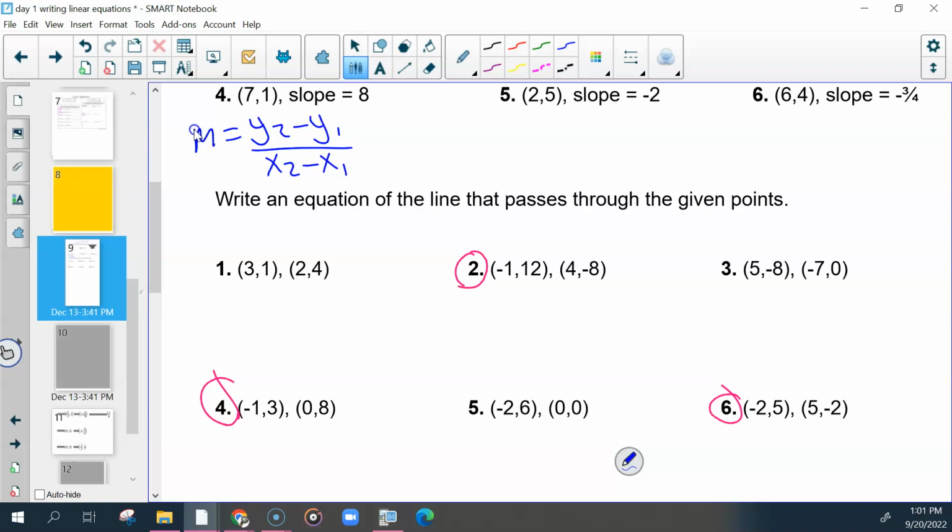I know you guys have that written already. I'm just going to rewrite it. And then with number 1, we're going to find the slope before we do anything else. Same with all of these problems. Find the slope first. So this would be my x1, y1, x2, y2.